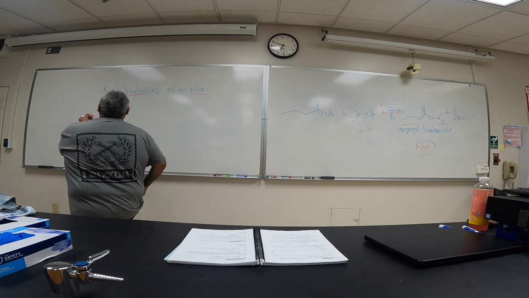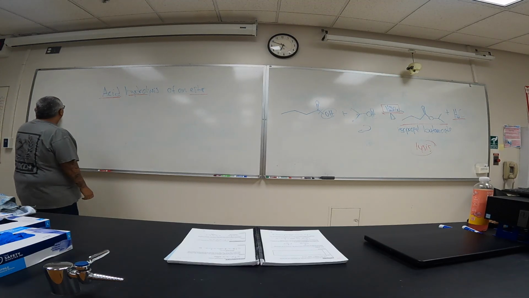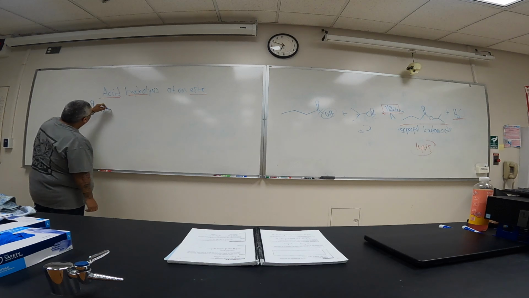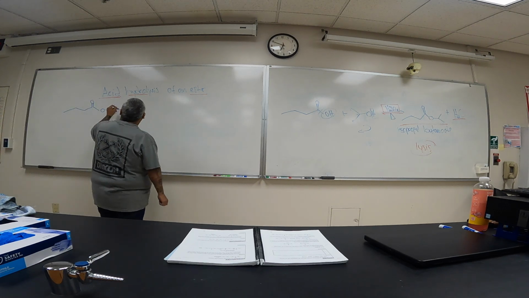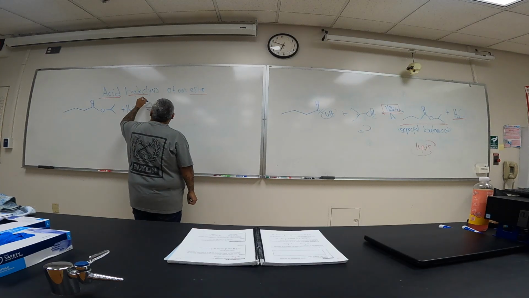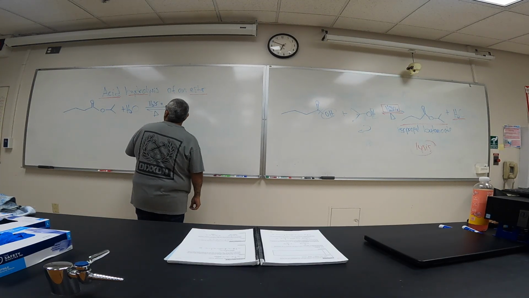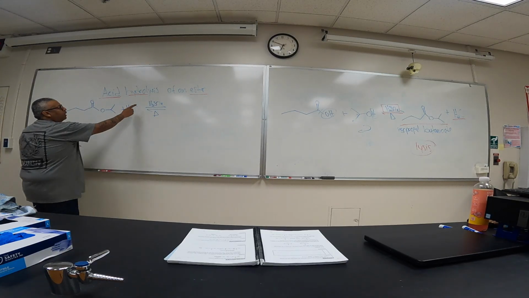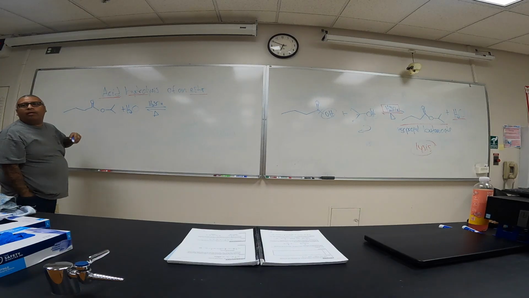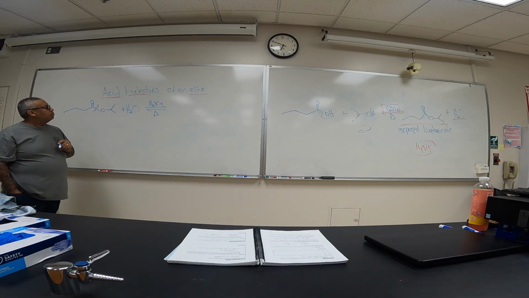So if we were to take the same ester, plus we're going to add water to it. We're going to need some acid for this and a little bit of heat. In acid hydrolysis of an ester, the same bond that we made in esterification is the one we're going to break apart.